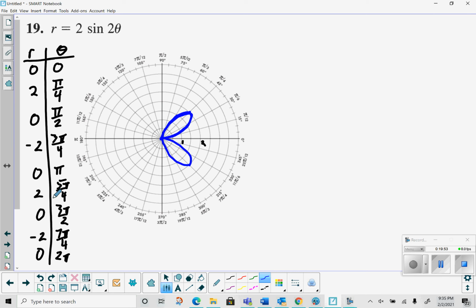For 5 pi over 4, that's a positive 2, so we come forward 2 spaces. So that one gets drawn next. And for 7 pi over 4 down here, again, our radius is negative, so we have to go backwards. So again, it comes from here, out to there, and back, and then it starts repeating itself.